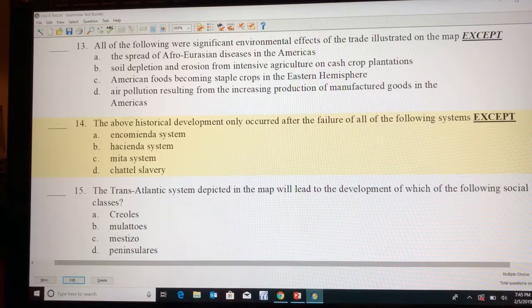15: the transatlantic system depicted in the map will lead to the development of which of the following social classes? So we saw the transatlantic slave system. What class will be created because African Americans come over? Is it the Creoles, the mulattoes, the mestizos, or the peninsulares? So for 15, come up collectively as a class and determine.